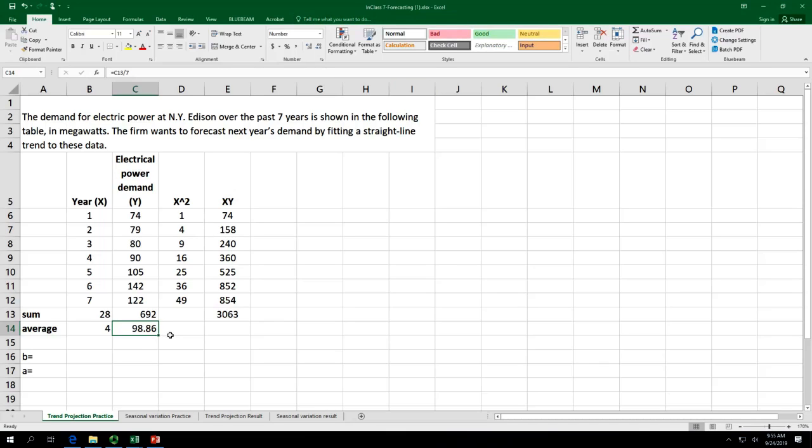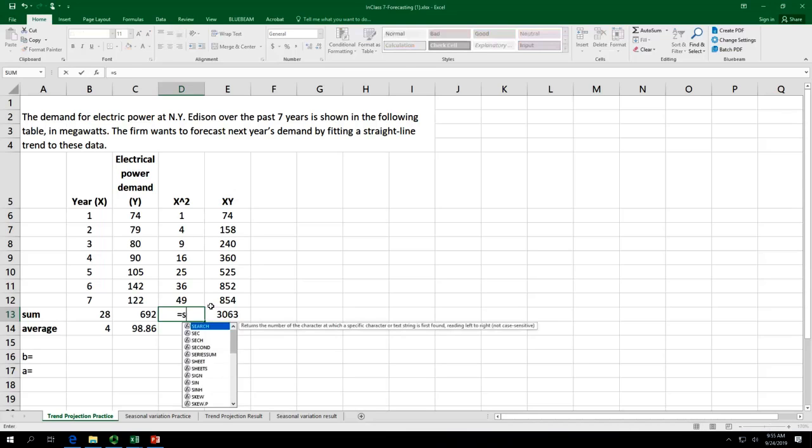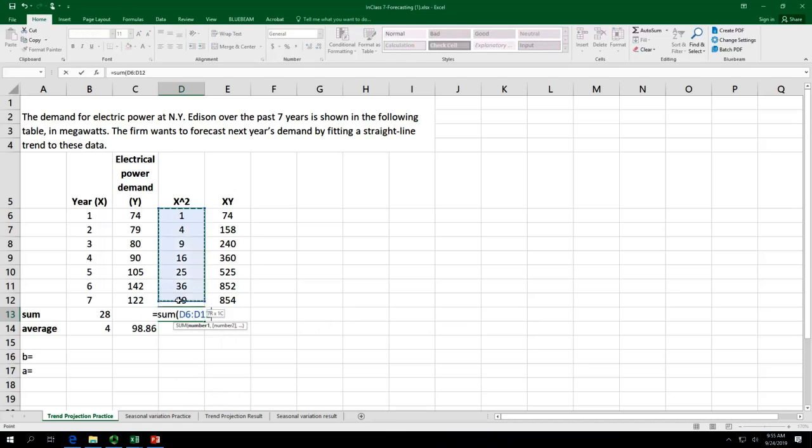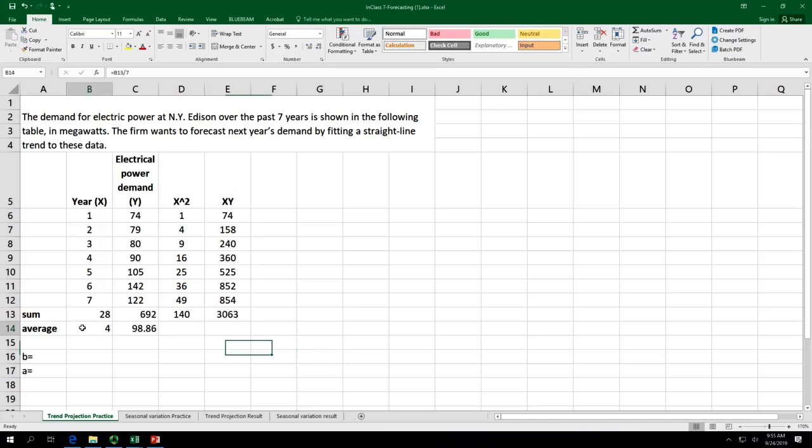All right. When you look at x squared, and you see in the formula of b, the denominator is sum of x squared. So you need to find what the sum of x squared is. It is this one. Now we have found pretty much all of the information we need to calculate a and b. In this formula for b, we need sigma xy, which is this number.